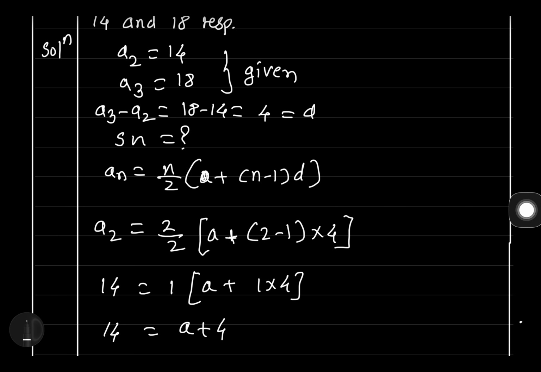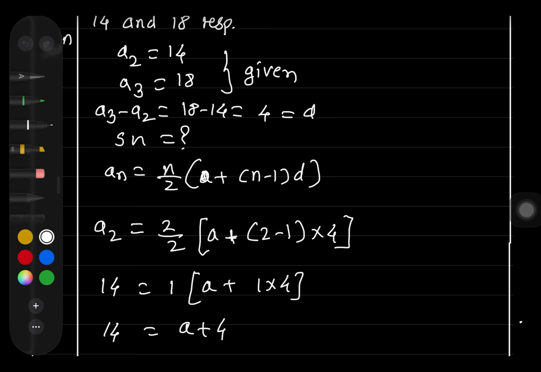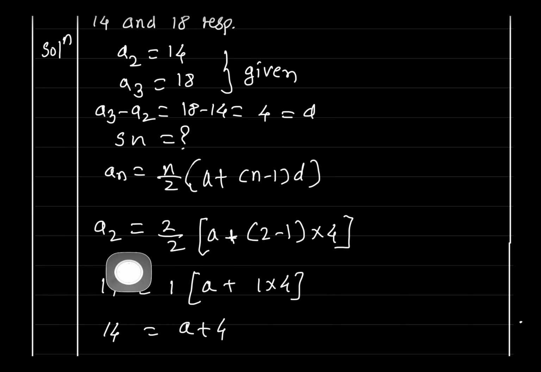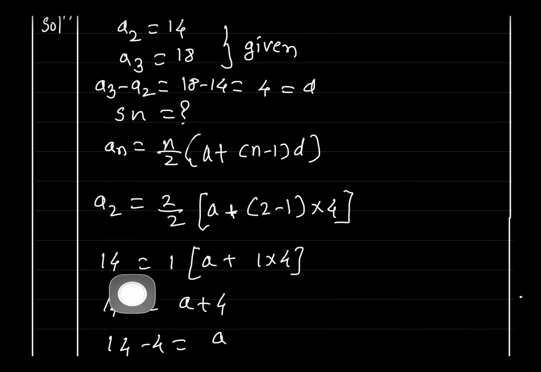We have to find out Sn, so Sn equals n upon 2 into (a plus (n minus 1) into d), with d given. So a2 equals 14: n is 2, so 2 upon 2, in bracket a as it is, plus 2 minus 1, into d which is 4.